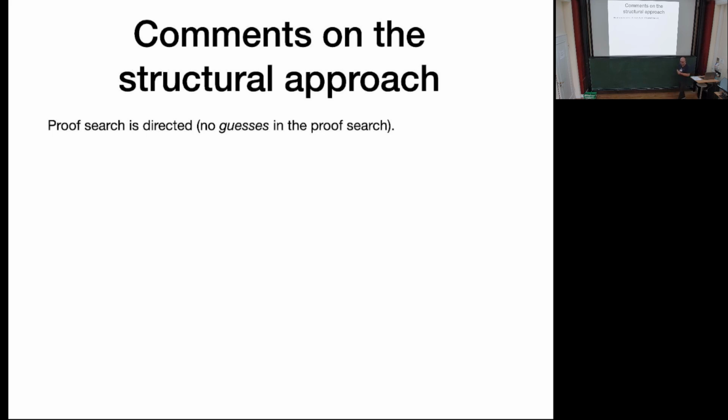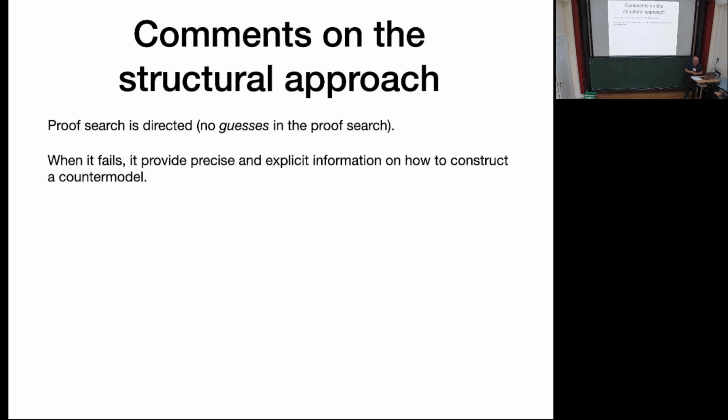We implemented a shallow embedding of the calculus of Sara Negri in the Kripke semantics of GL. And what we obtain is a proof search which is directed, that has no guesses, you have no branching. And when it does not reach the end of the proof, it cannot construct the full derivation, it gives you a counter model of your formula.